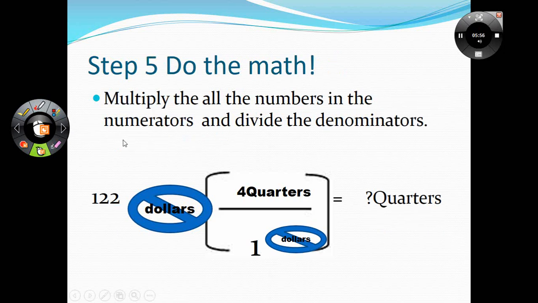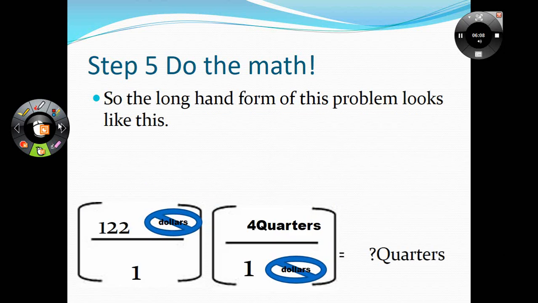Now I'm ready to multiply all the numerators, and then divide by the denominator. So first, I'm going to just do it straight up like we have it. So basically, 122 times 4 is going to give me a number. 1 times 1 gives me 1.